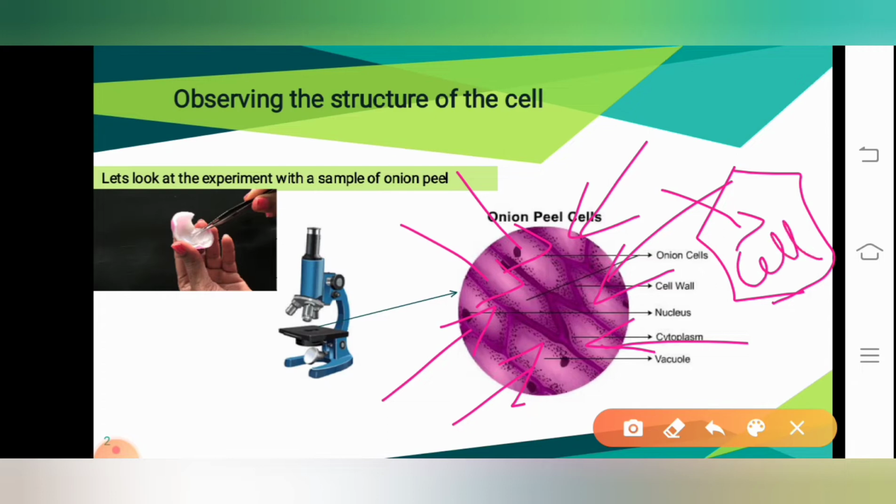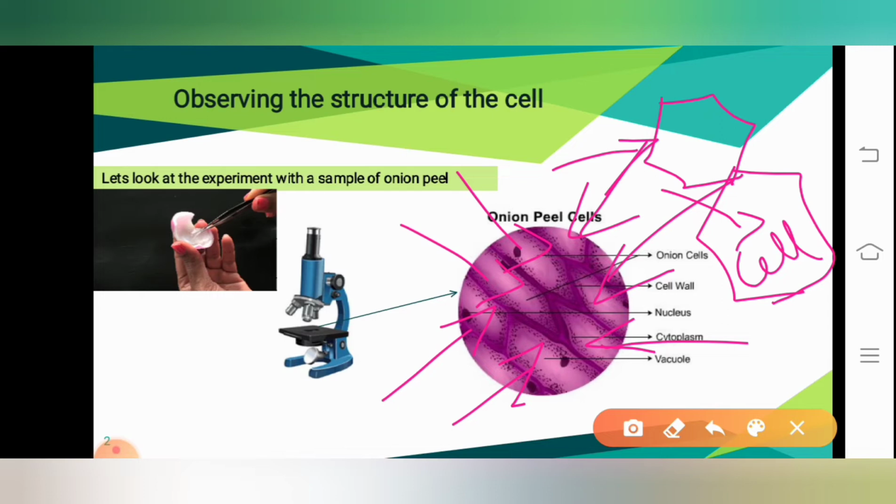So these cells are enclosed by the wall. Each cell is enclosed by the cell wall, and this wall is also called the plasma membrane. I repeat, it is the protection given for the cell. The cell has protection given by the plasma membrane.